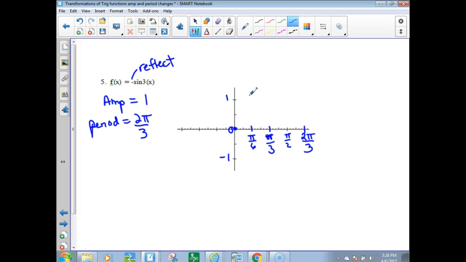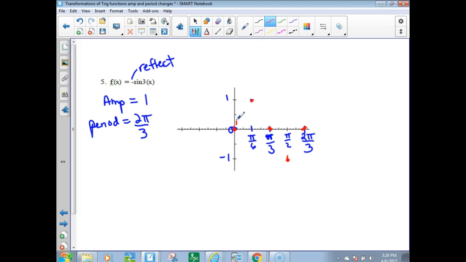So I go to pi over 6, 1. I like to change the color just so you can see. And then pi over 3, 0. And I'm not labeling them yet. I'm just making my dots first. What did I do? Oh, sugar. I'm doing it as if there's no reflection.